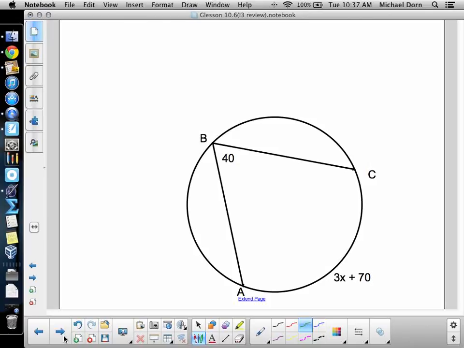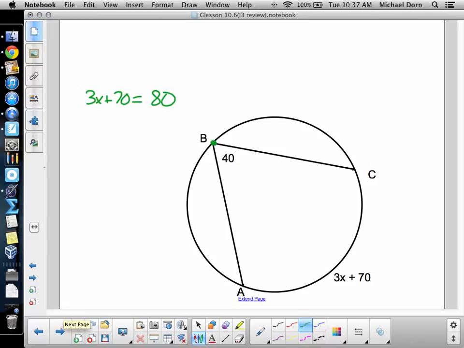All right, now here my vertex is on the circle, making this what type of an angle? Inscribed. What's the relationship between the angle and the arc? Half. So 3x plus 70 has to equal what? 80. Double that, right?